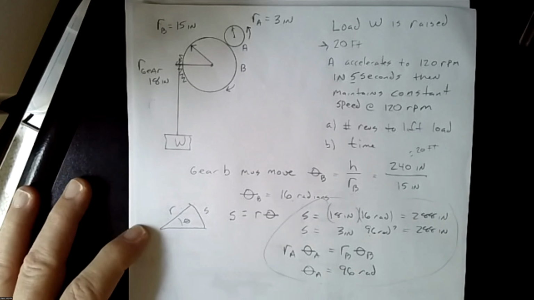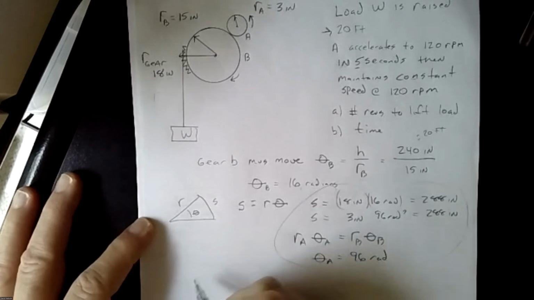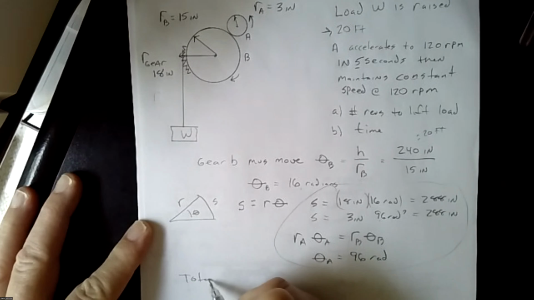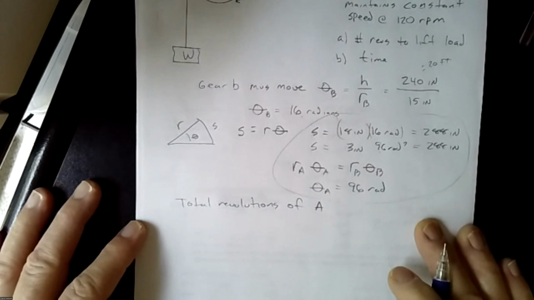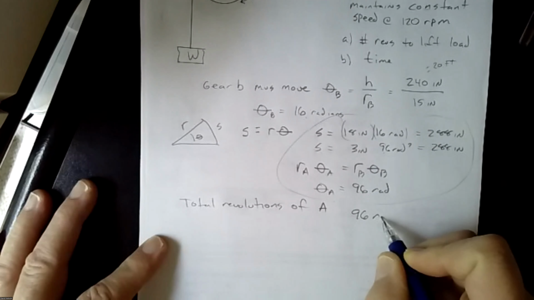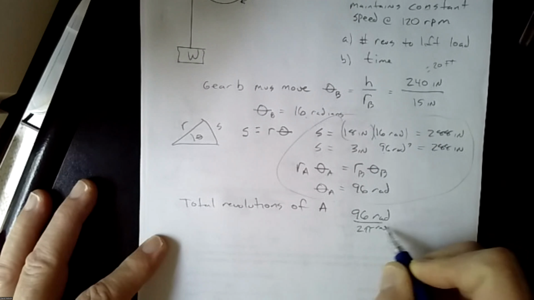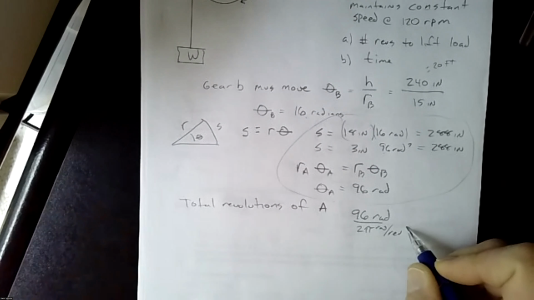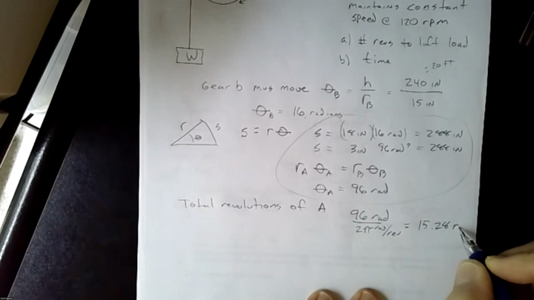Now we want that because we want to know the total number of revolutions of A. So that's going to be 96 radians divided by 2 pi radians per rev, right? So that gives me about 15.28 revolutions.